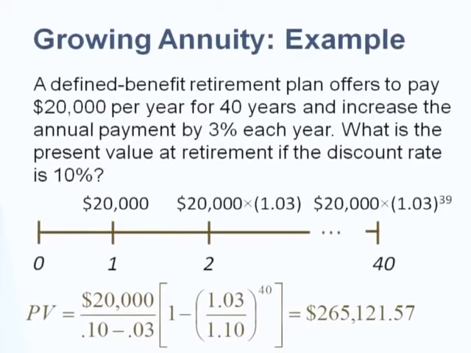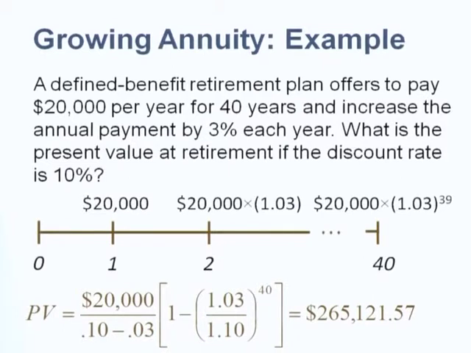Example: a defined benefit retirement plan offers to pay $20,000 per year for 40 years and increases the annual payment by 3% each year. What is the present value at retirement if the discount rate is 10%?